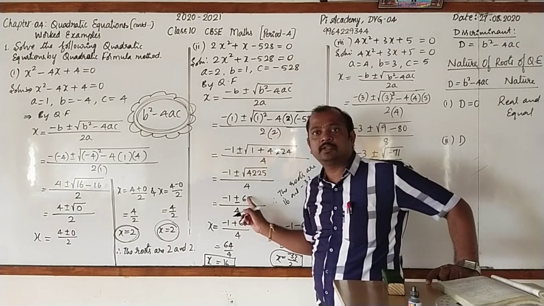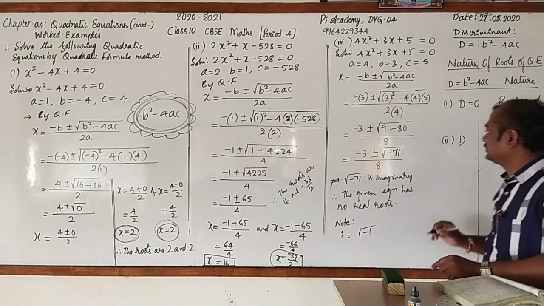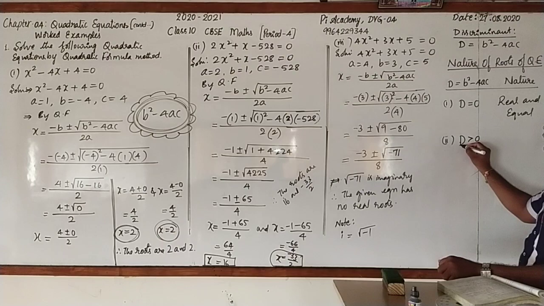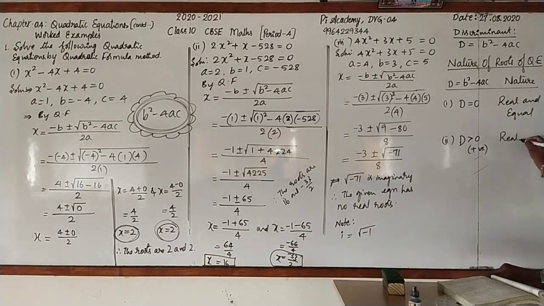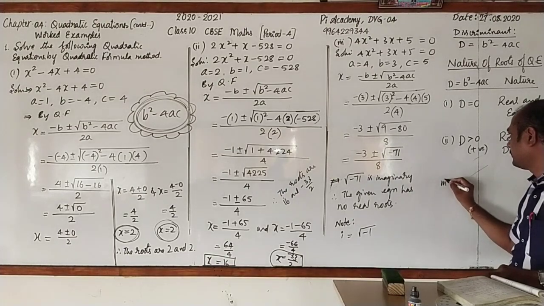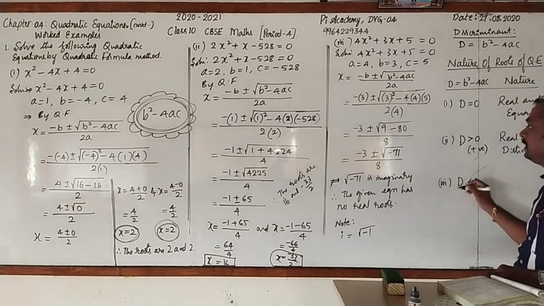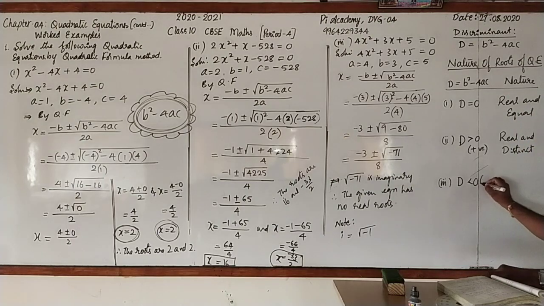Second case, if D is 65, 65 is nothing but greater than 0, positive. D is greater than 0, nothing but positive, then we can write the roots are real and distinct, nothing but different. Third case, D is less than 0, negative value, then we can write they are not real and they are imaginary.